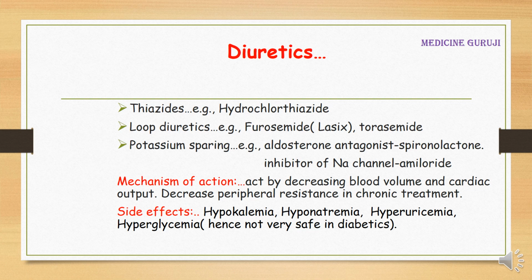Side effects are, you can always remember, hypokalemia, hyponatremia, hyperuricemia. This is a very important side effect, very commonly encountered, and hyperglycemia. Hence, they are not very safe in diabetics.